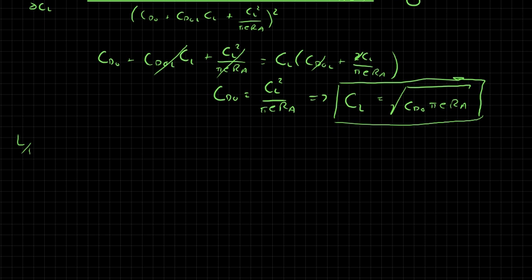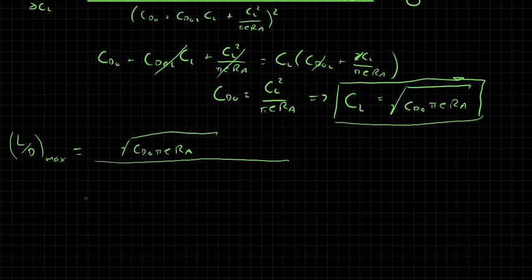So we're going to say L over D max then equals square root CD naught pi ERA divided by 2 CD naught plus CD naught L root CD naught pi ERA.